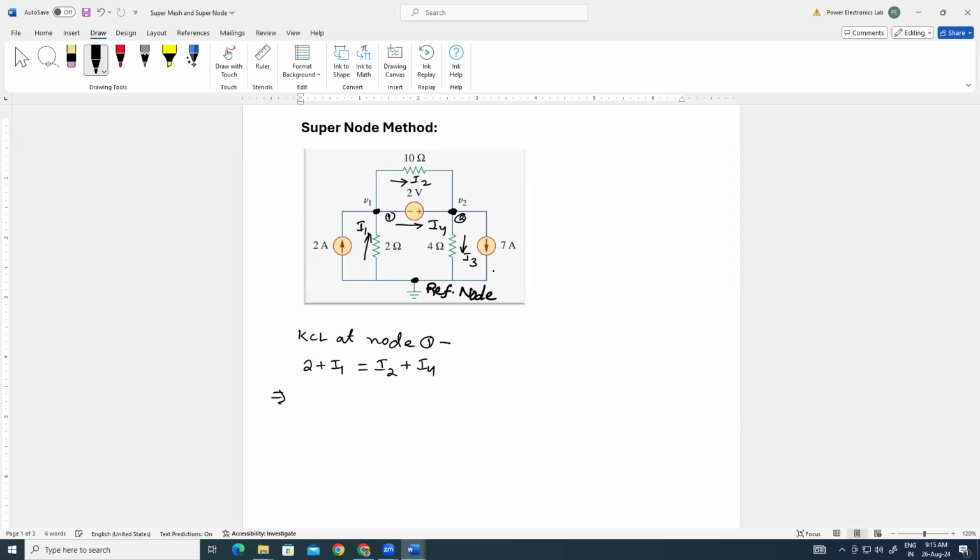What is I1? How can we write the value of I1 in terms of node voltage V1?